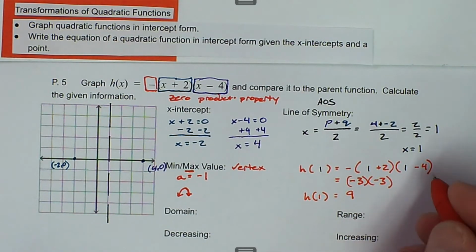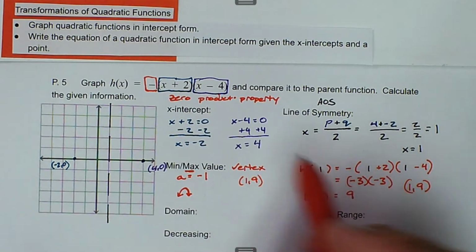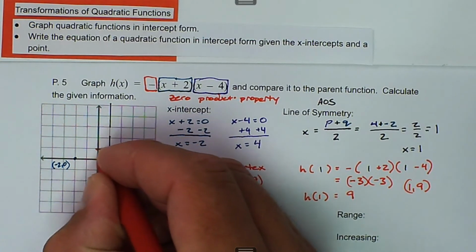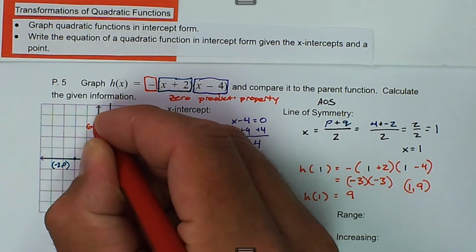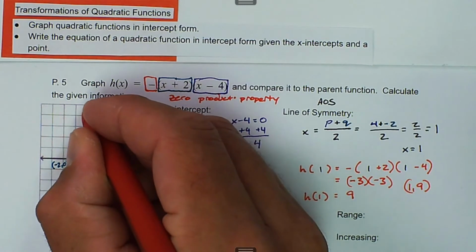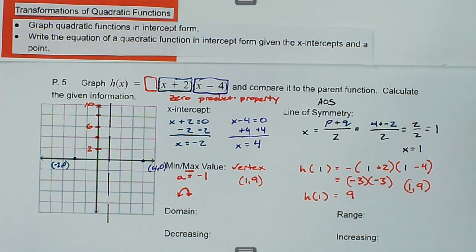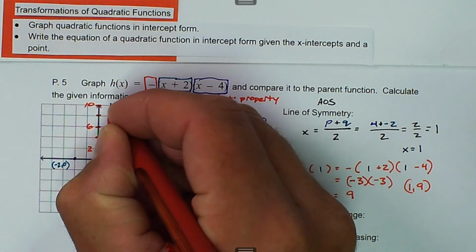So now we get the ordered pair (1, 9) for our vertex. Well, we only have 5 spots here, so we're going to have to count by 2s. So we'll go 2, 4, 6, 8, 10. And we'll graph the first point up here at (1, 9). So halfway there.